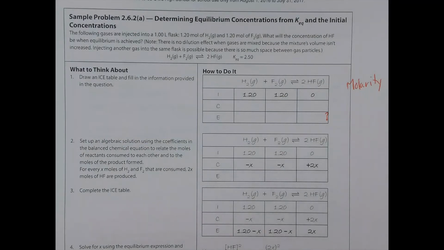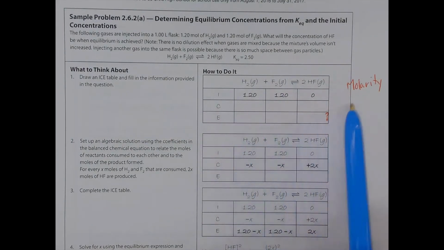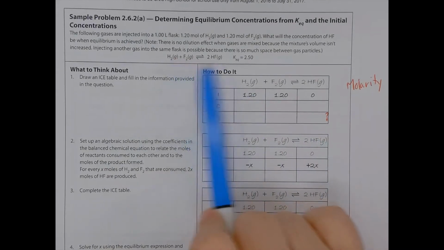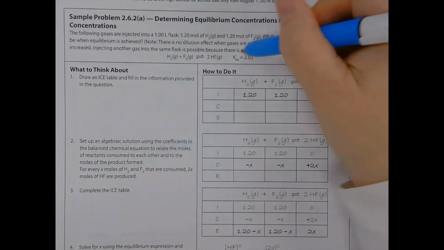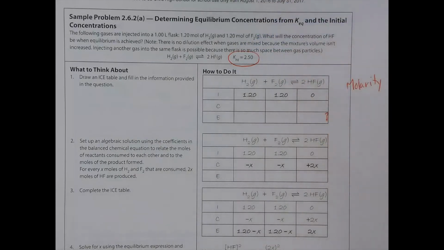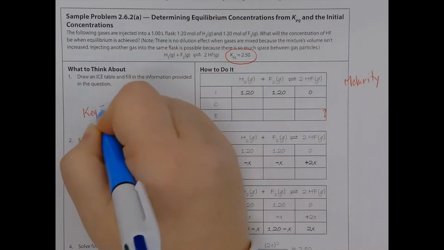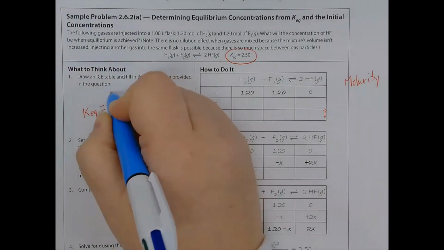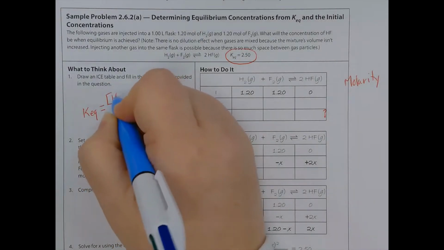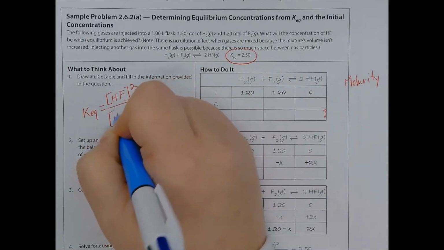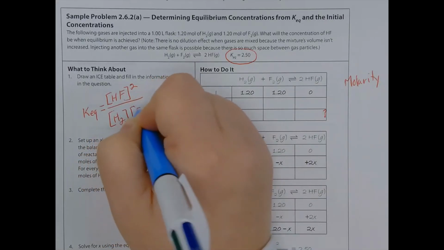Okay, so we have our ice table, which is provided, and we're looking for this value down here. You'll also notice our reaction up here gives us our equilibrium constant. So instead of trying to find that, we are provided with it. We can still write an equilibrium expression, our products squared over our reactants, H2 and F2.